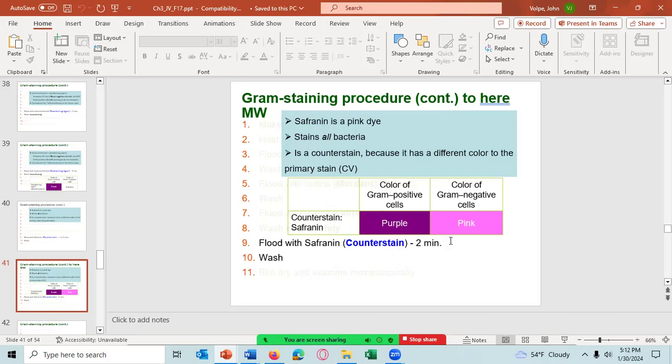And did I talk about why we cannot see the pink color in the gram-positive cells? As I state up here, safranin does stain all the bacteria. Did I talk about that? Anyone? I don't remember you talking about that.